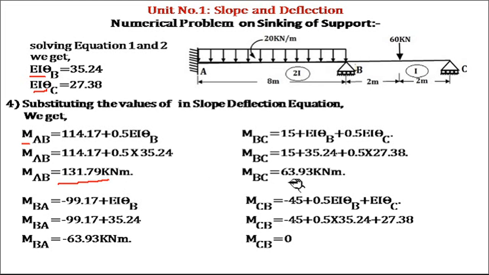Moment in member BC is plus 63.93, so as it is plus, that means it is acting in anti-clockwise direction. Okay, so moment in member BA is minus 63.93, so it is acting in clockwise direction. So moment in member CB should be 0 because the simple support is there.